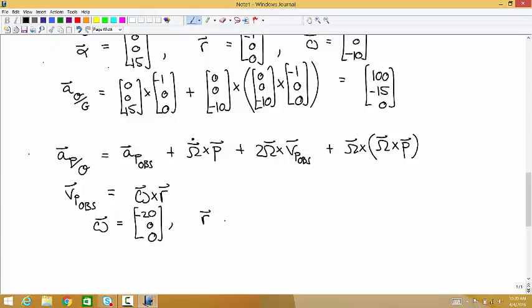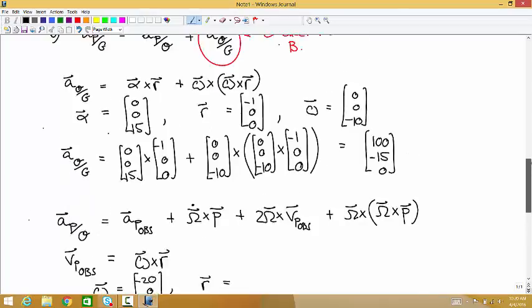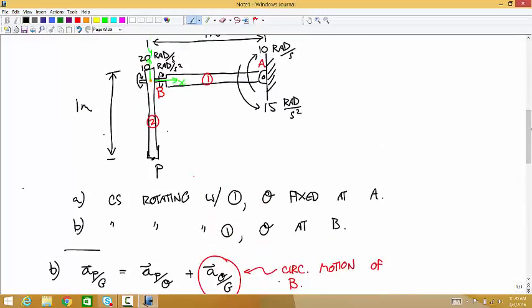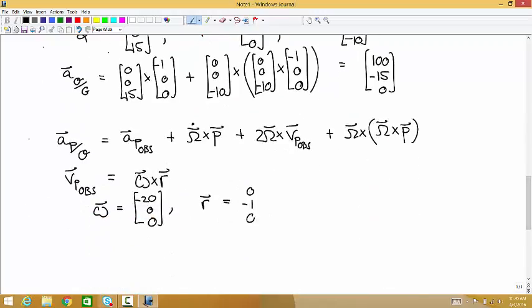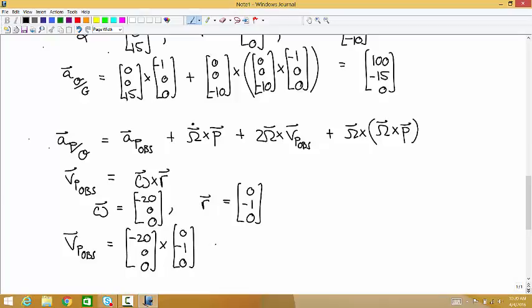And what's the r vector? Right, 0, negative 1. That's just, at this snapshot, what that r vector is. And so the observed velocity of P is equal to negative 20, 0, 0, crossed with 0, negative 1, 0. And so you get 0, 0, positive 20.